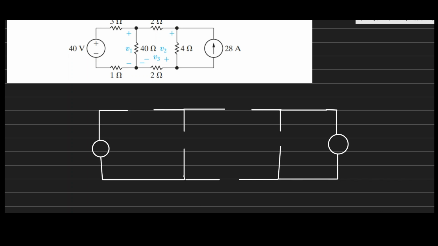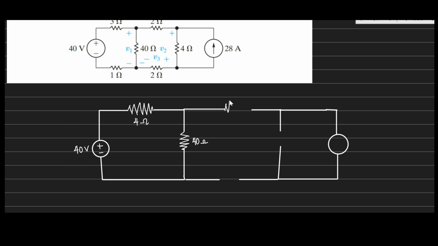This is the positive and minus, and this is the 40 volt source. And then there's a resistor here. This resistor is a combination of 1 and 3, so this makes a 4 ohm resistor. And then there's another resistor here, which is a 40 ohm resistor.